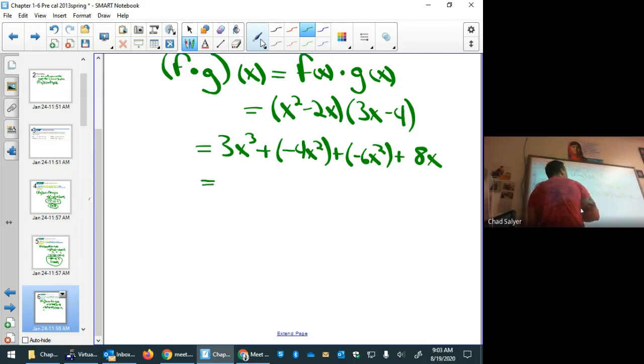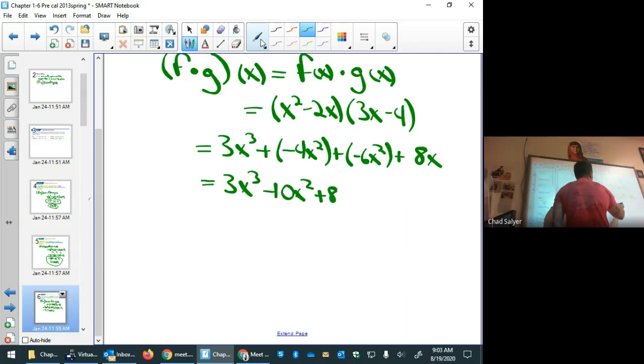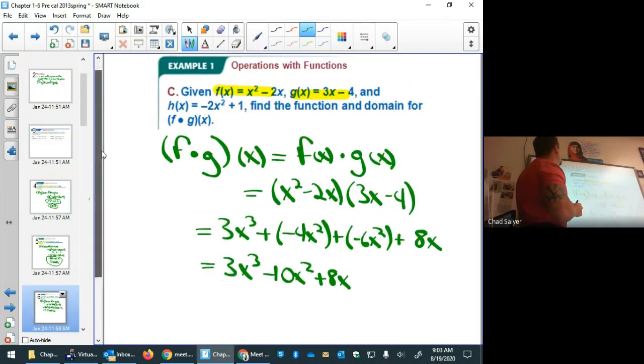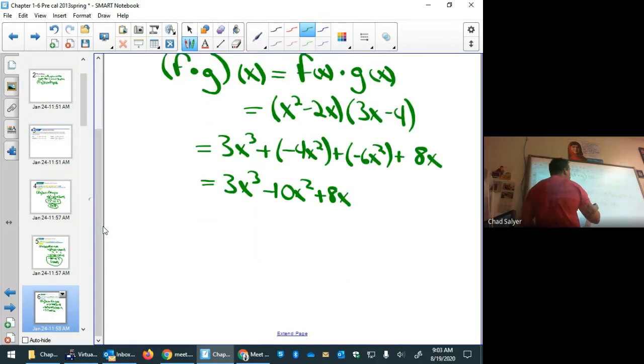So combining like terms here, those two middle terms, 3x cubed minus 10x squared plus 8x. And once again, no domain constraints anywhere to be found.